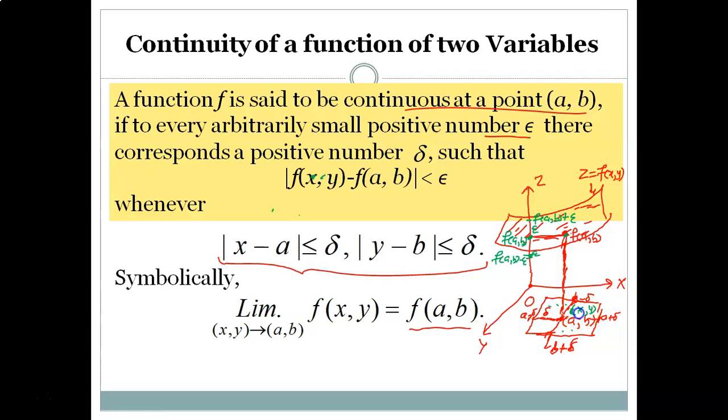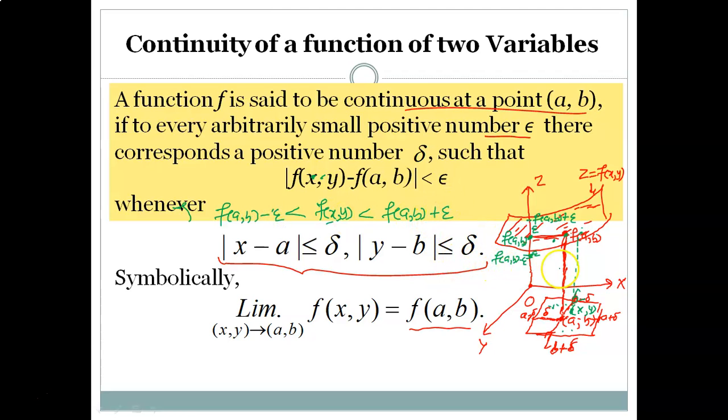So that means x is lying between a minus delta and a plus delta, and y is lying between b minus delta and b plus delta. And corresponding to this, you will have some point here, f(x, y). Accordingly, this f(x, y) lies in the interval from f(a, b) minus epsilon to f(a, b) plus epsilon.